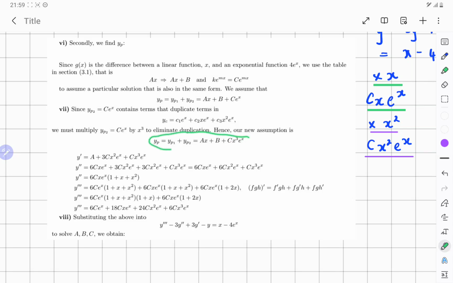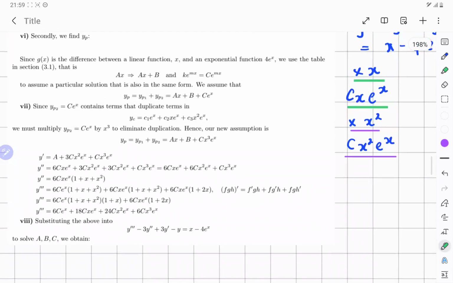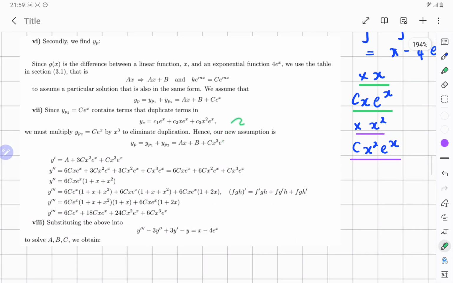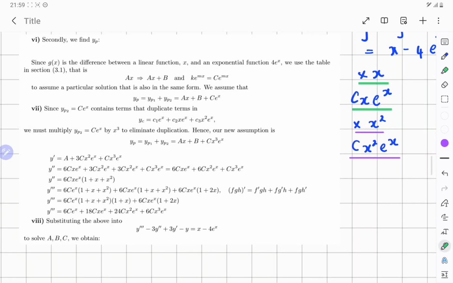Now I have my particular solution. What is very important, what we're going to do now in this video, is solve our A, B, and C's, so that at the end we can get our general solution.